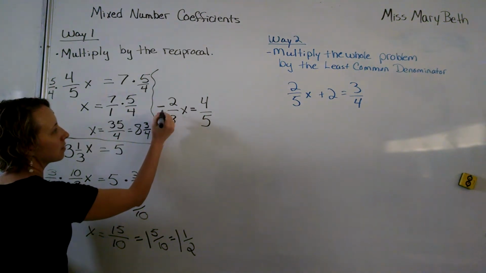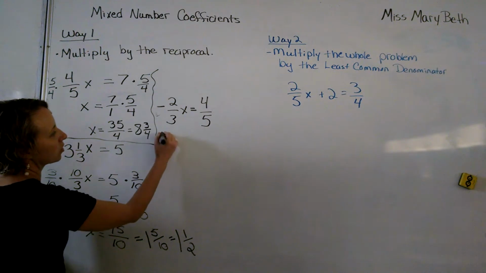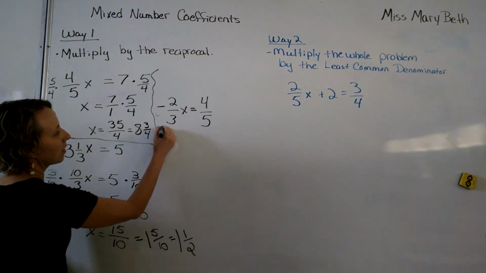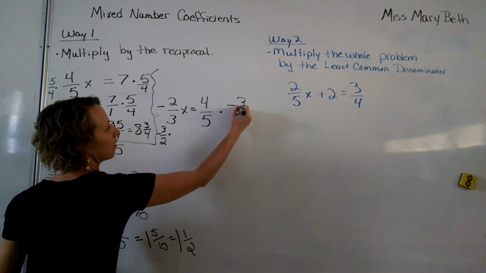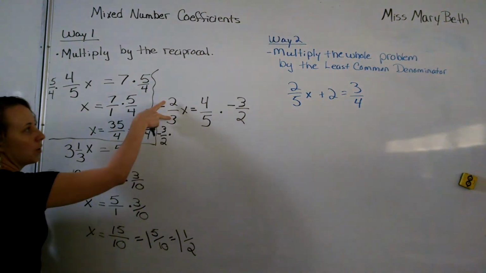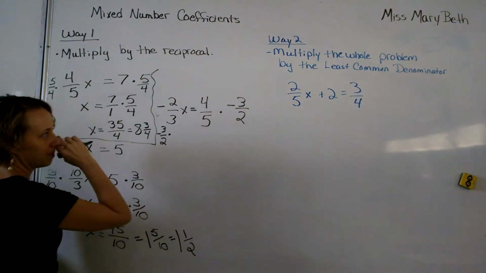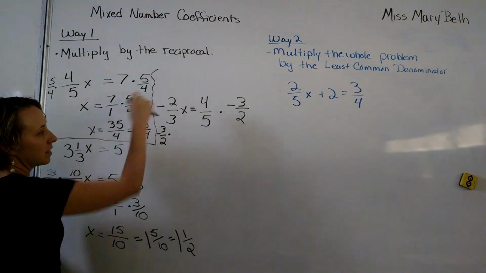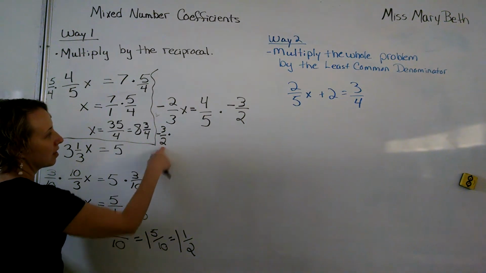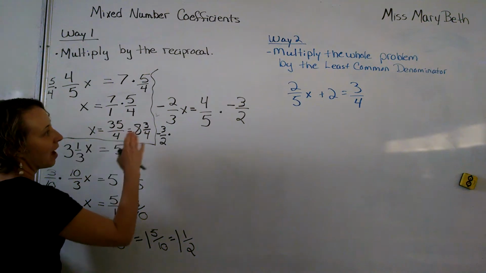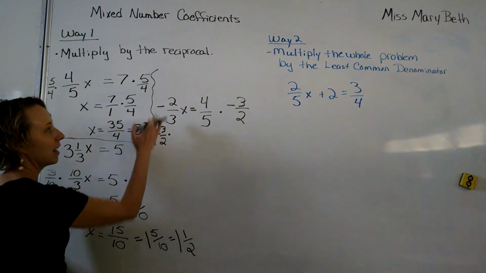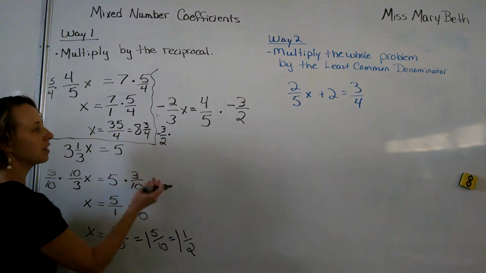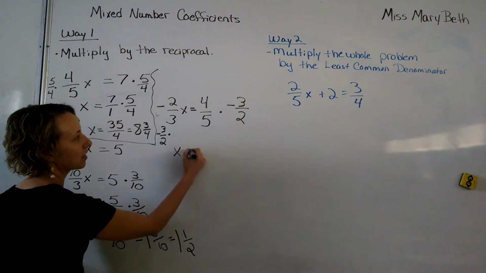So times negative 3/2 on both sides. Number, reciprocal. Negative 3 times negative 2 is positive 6. 3 times 2 is 6. I end up with 6/6, which is 1. A negative times negative is positive. It's a positive 1, which is just x.